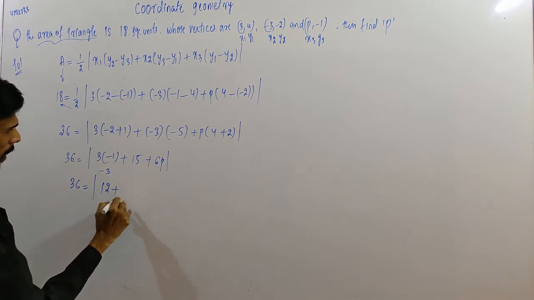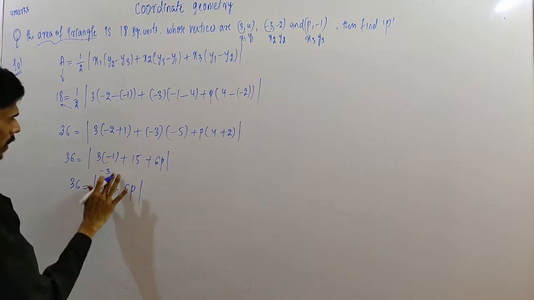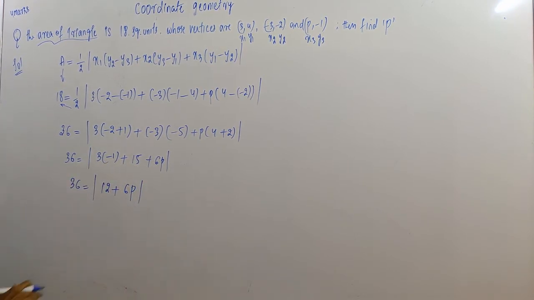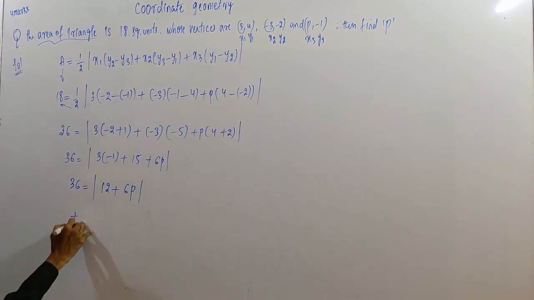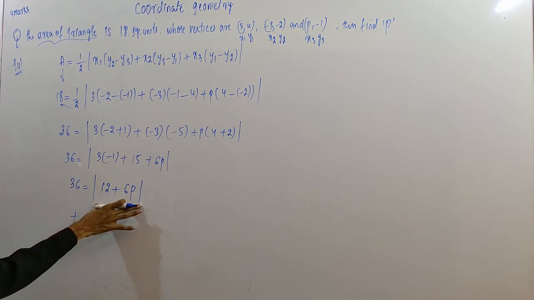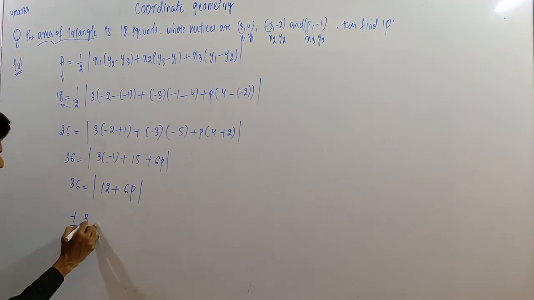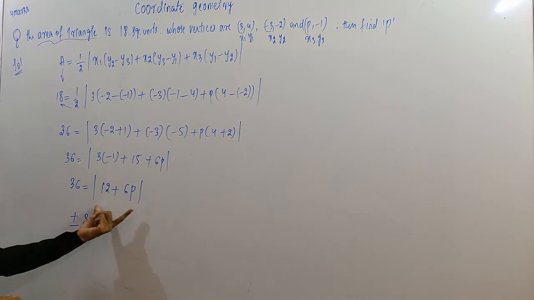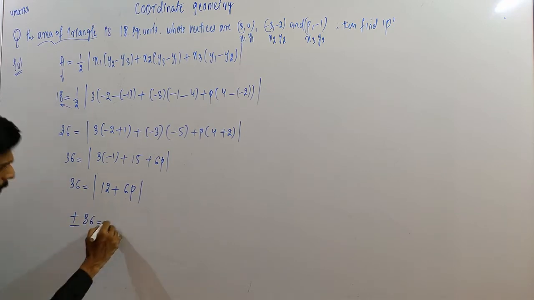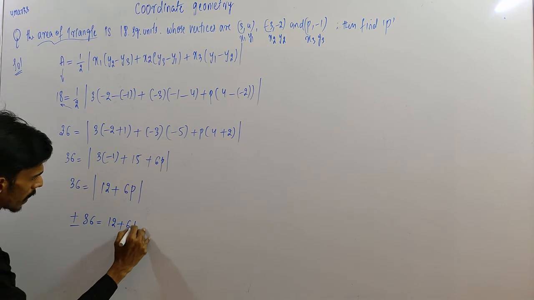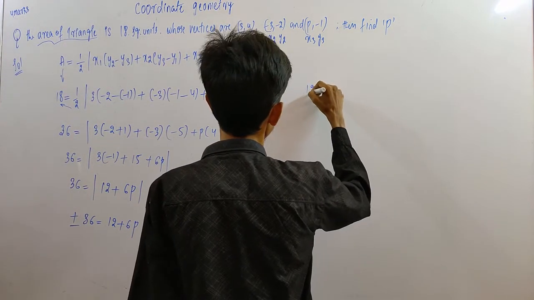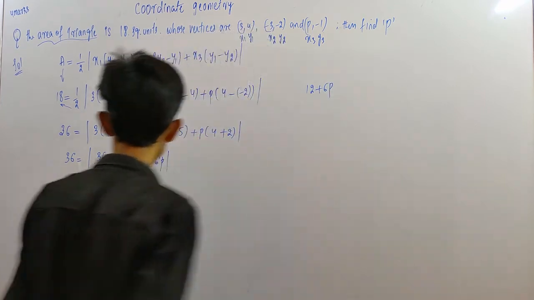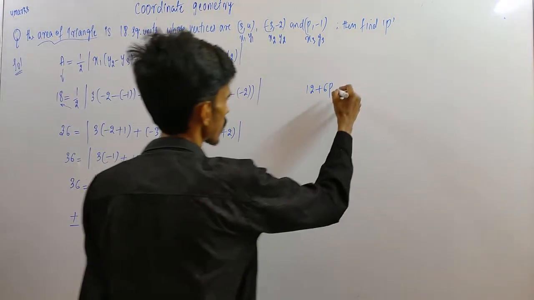So write 12 plus 6p. When we remove this mod we get plus or minus here. So if we remove this mod we have plus or minus 36. When we send this mod to that side it becomes plus or minus. Take positive: 12 plus 6p is plus 36.